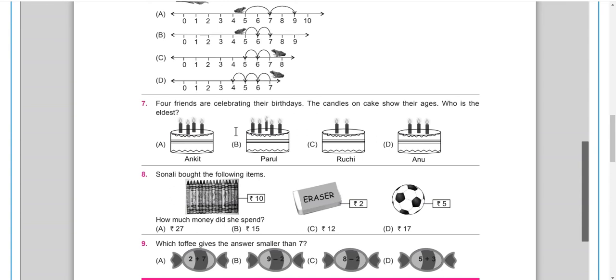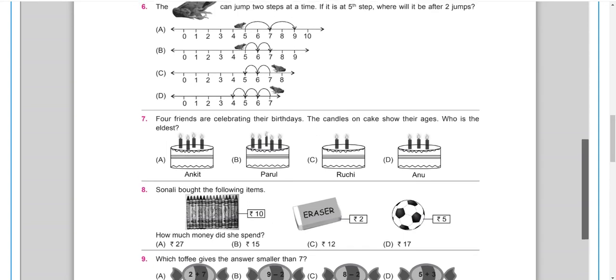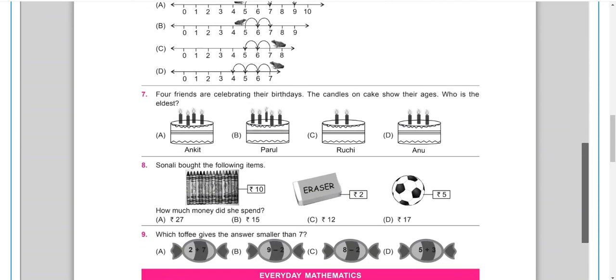The eldest means the one with the most candles. Parul is the eldest. Okay, can you count how many candles he is having? Parul is a boy. How many candles is Parul having? 1, 2, 3, 4, 5.